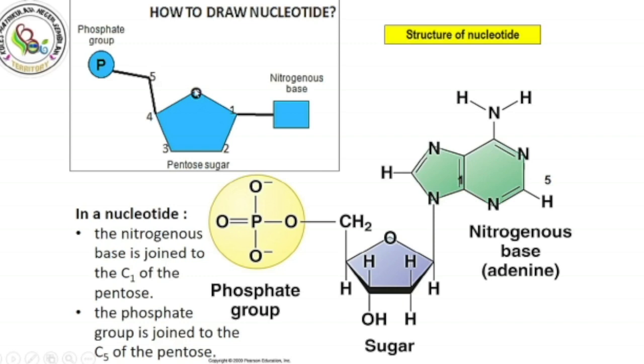So when you draw a nucleotide, make sure the nitrogenous base attaches to carbon number 1 of the pentose sugar, while the phosphate group is attached to carbon number 5 of the pentose sugar.